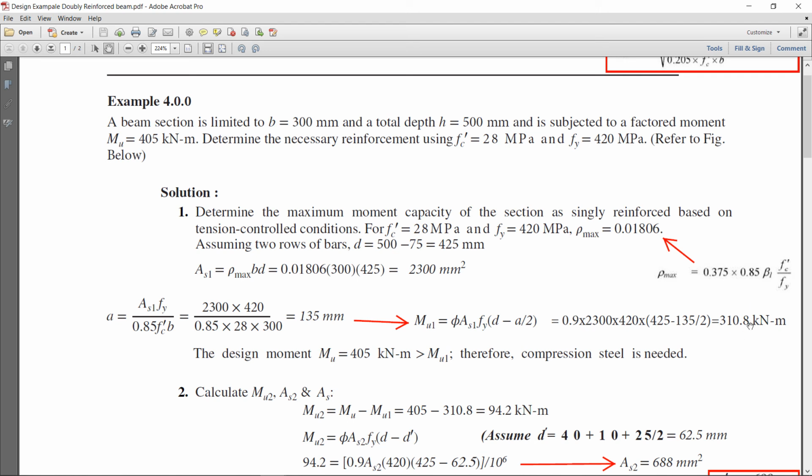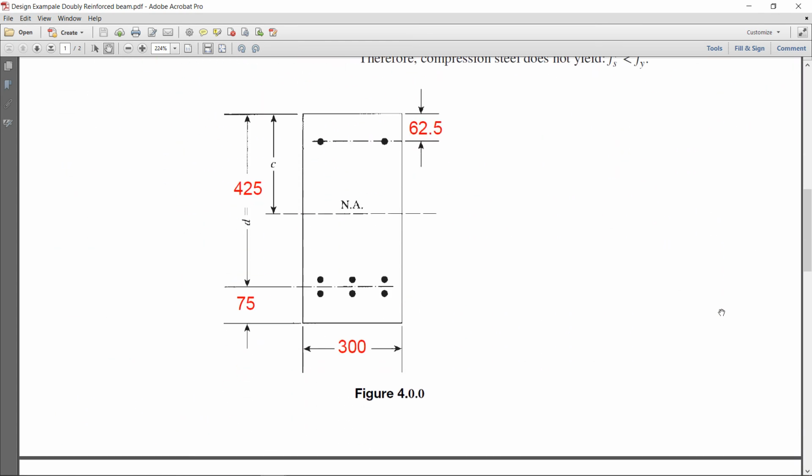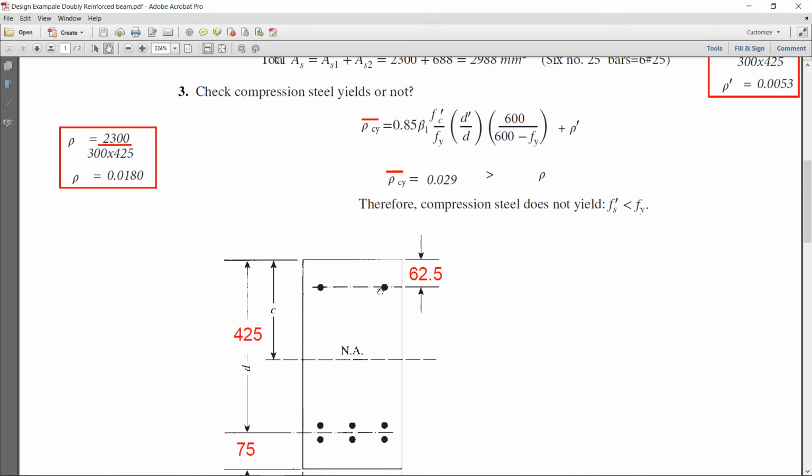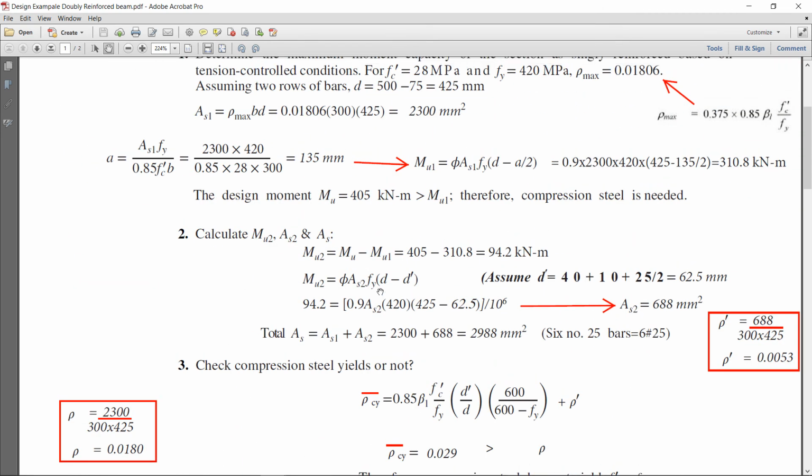To resist the extra moment, to provide the extra couple in this section, we have added steel on the upper side and also on the bottom side. The same compression steel is also added in the bottom side to balance the couple or to increase the couple.